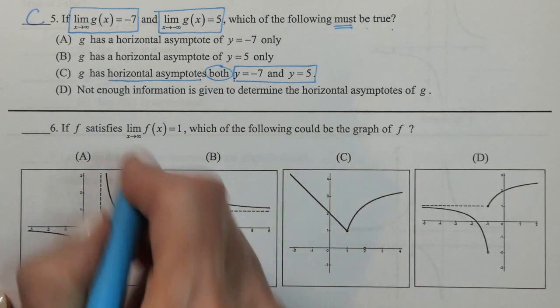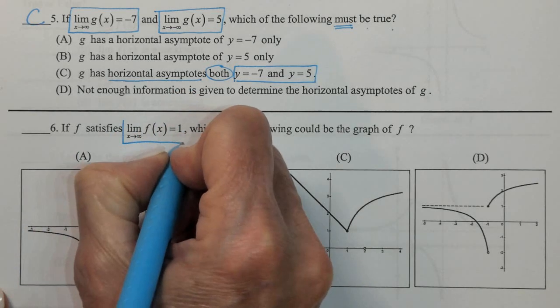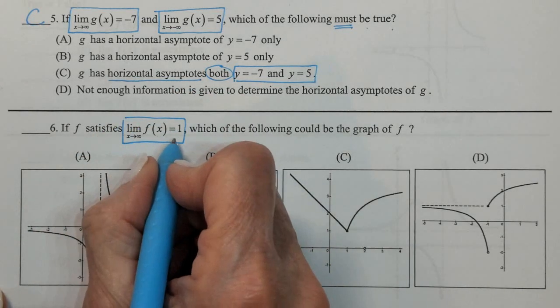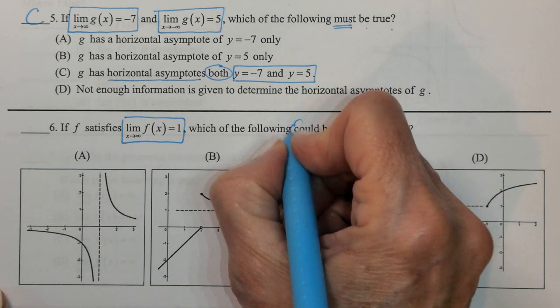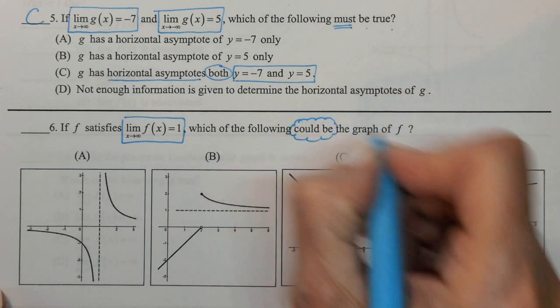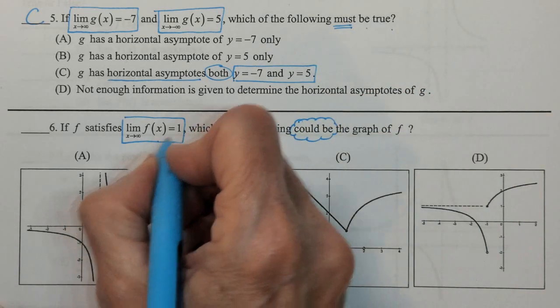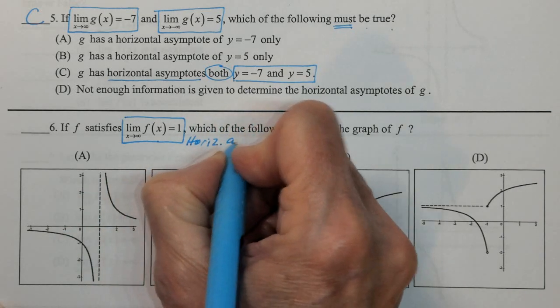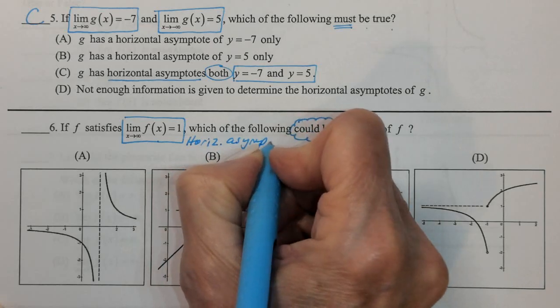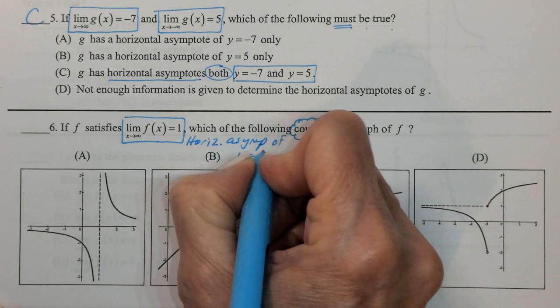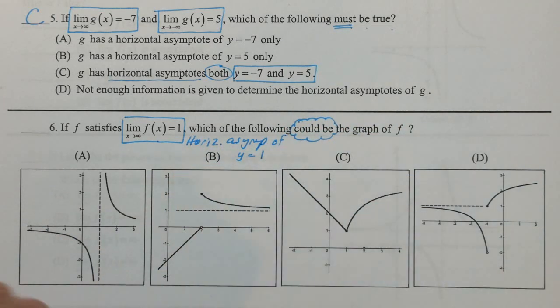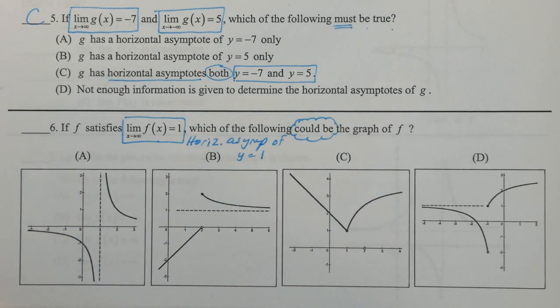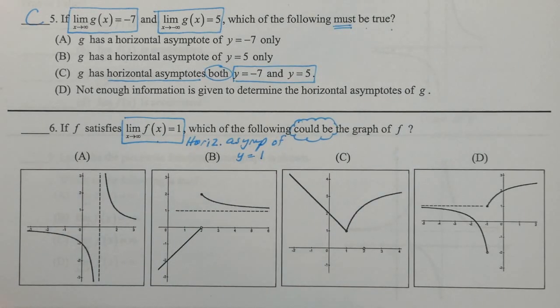Alright, if f satisfies the limit as x approaches infinity of f is 1, which of the following could be the graph of f? Well, if this is true, then I know that there must be a horizontal asymptote of y equals 1. So that's what I'm going to be looking for. I'm going to be looking for a horizontal asymptote of y equals 1.